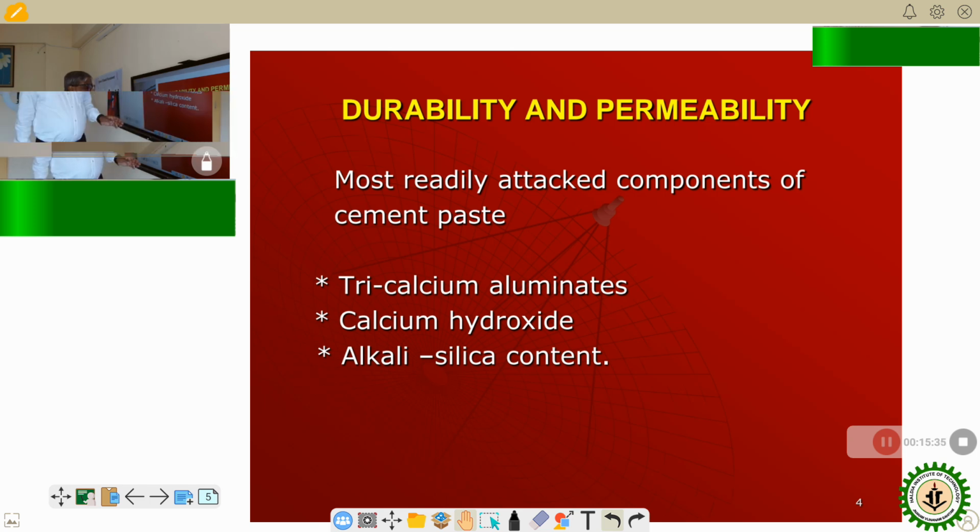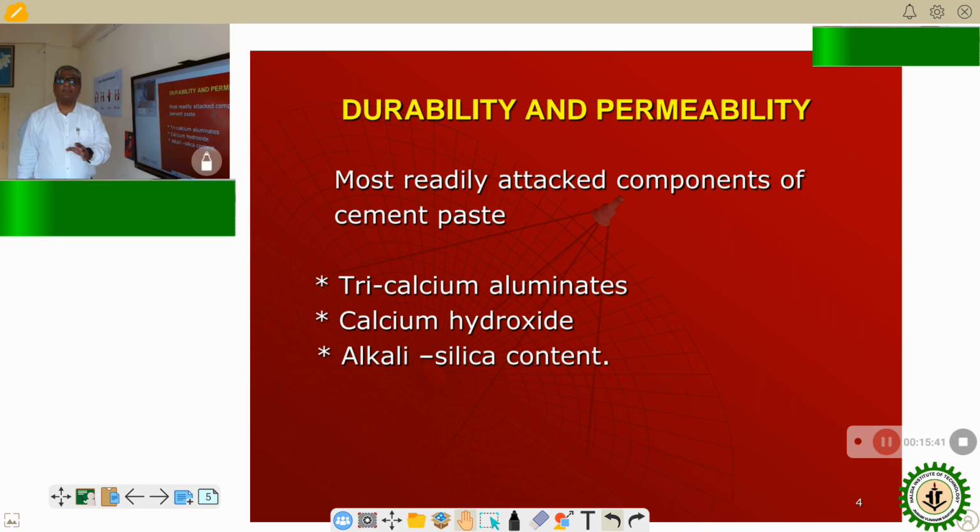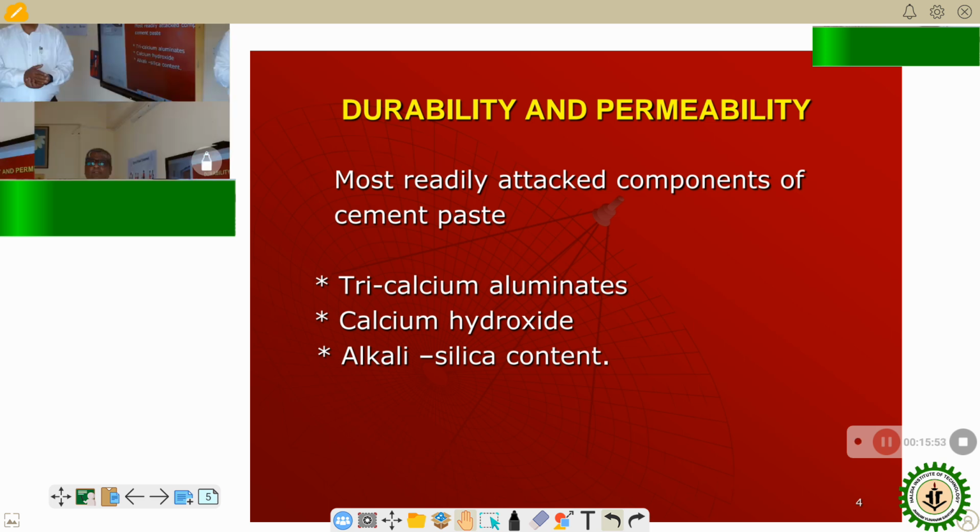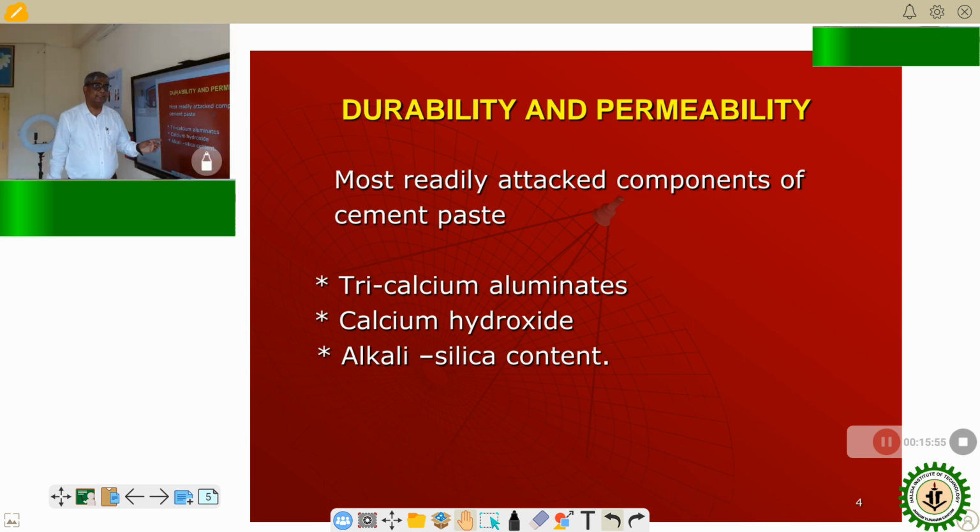Because if the tricalcium aluminate, say C3A, is more, that is not at all good for concrete. But again, there must be some amount of tricalcium aluminate also, otherwise the reaction will not take place. So it should be within a permissible limit. That you have to check.